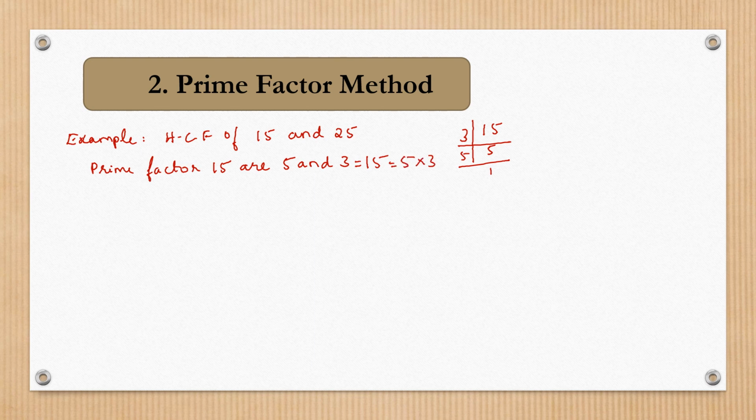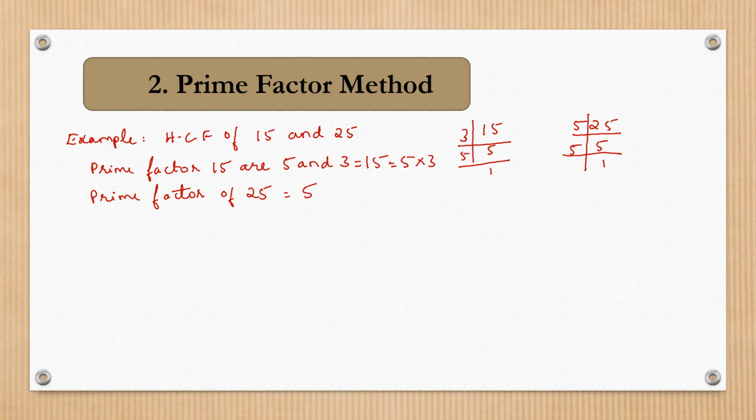So next, let's see 25. The factors of 25 are 5 5s is 25 and 5 1s is 5. So the prime factor of 25 is the number 5.